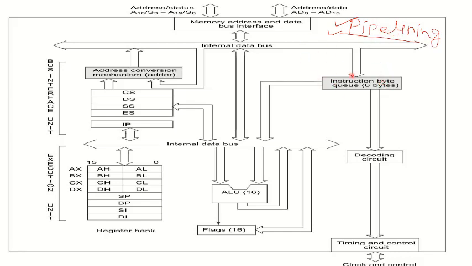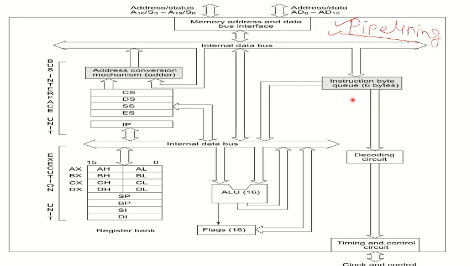So the overlapping of the fetching operation and the execution operation is pipelining. The prefetched instructions are saved in this instruction byte queue, or instruction queue.